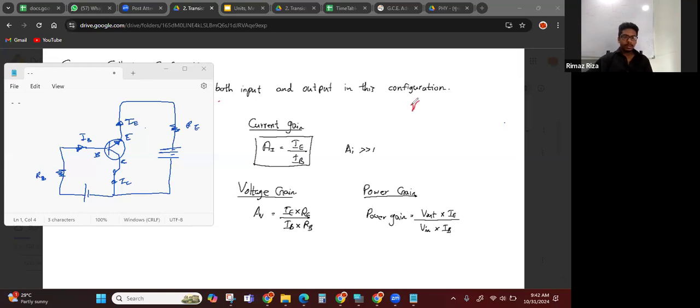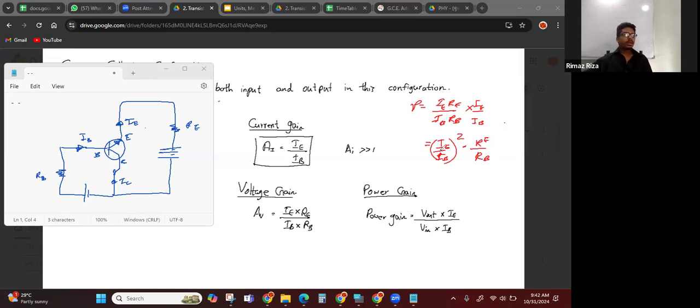The power gain equals the voltage gain times the current gain, so it is equal to (IE over IB) whole squared into RE over RB.